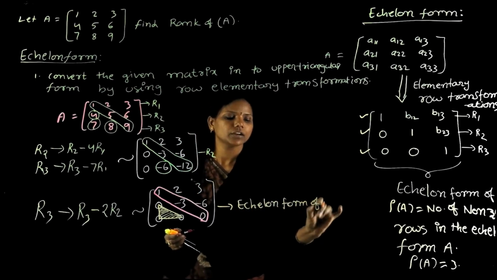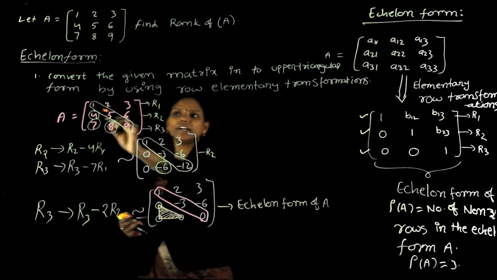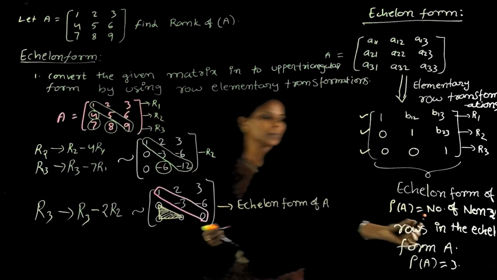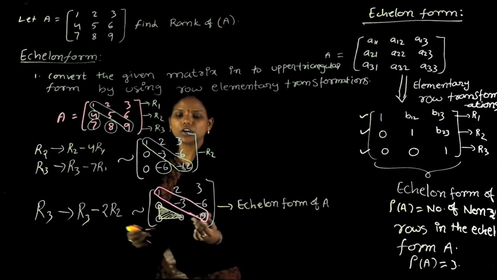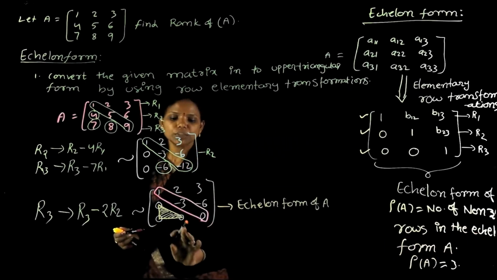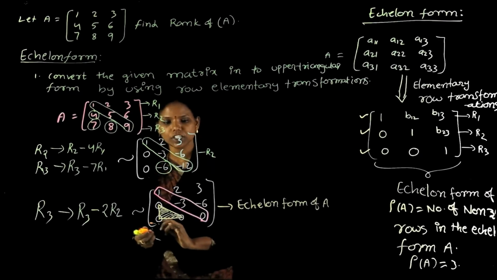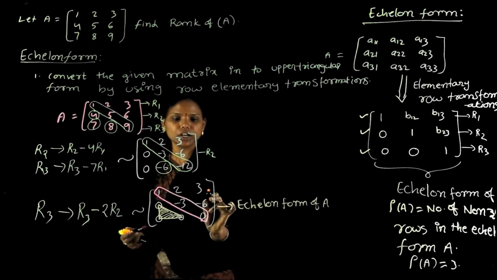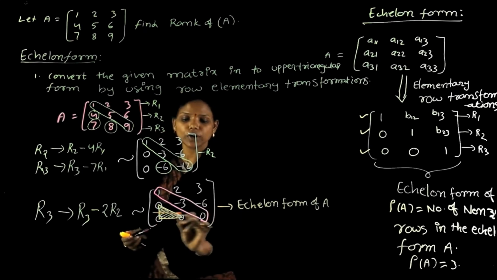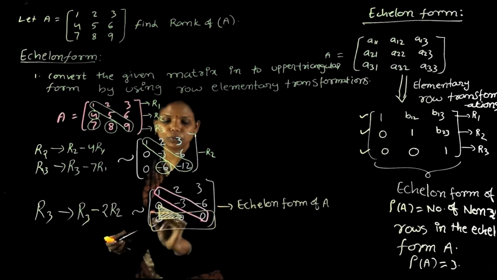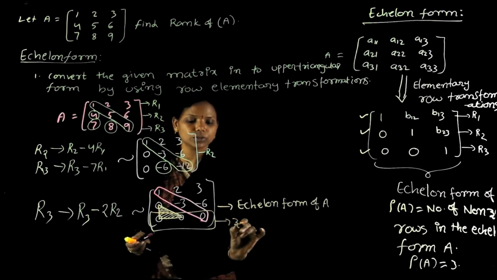Of A. So according to our condition, the number of non-zero rows in the echelon form is called the rank of A. Observe this matrix, how many non-zero rows are here? First row is a non-zero row, second row is a non-zero row, third row is not a non-zero row, it is a 0 row.